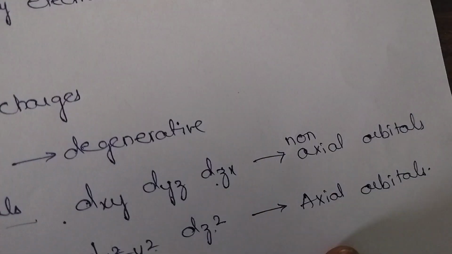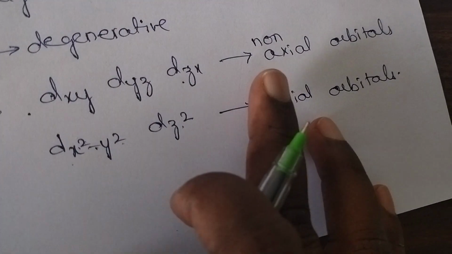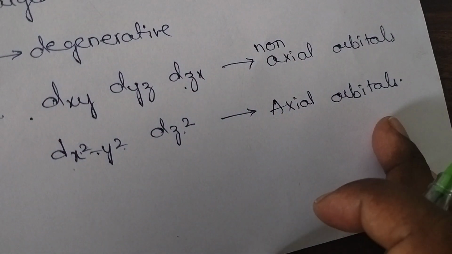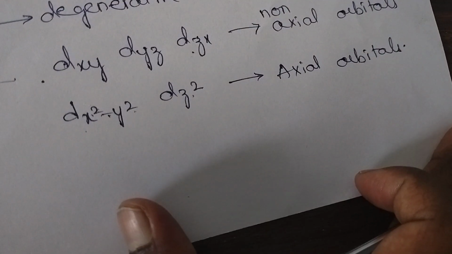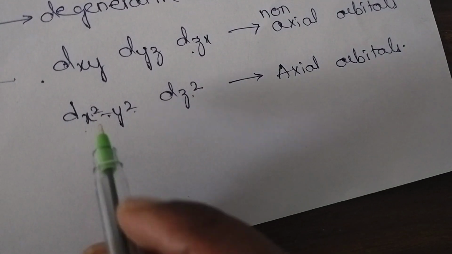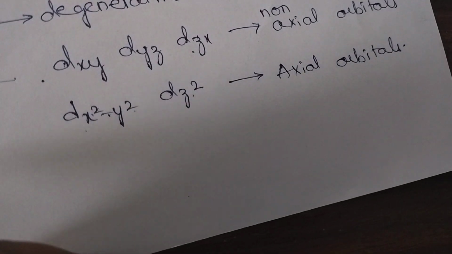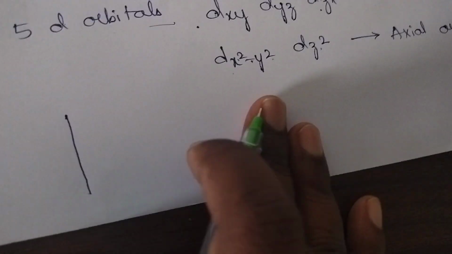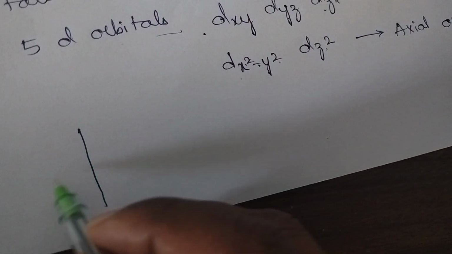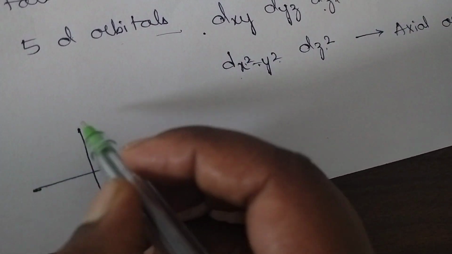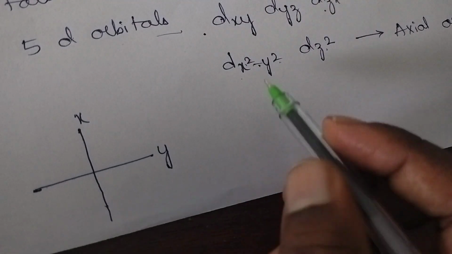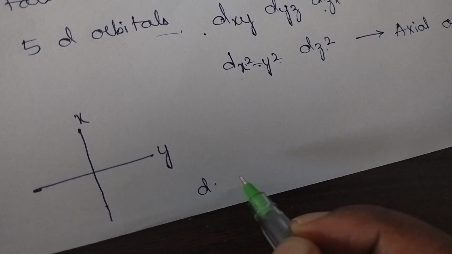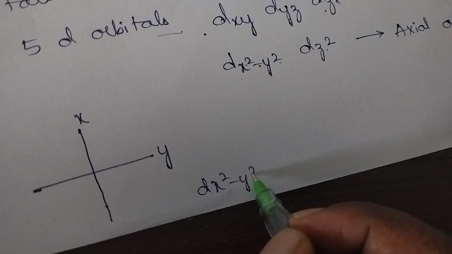What are axial orbitals and what are non-axial orbitals? If you see the structure of these orbitals, first we will take the axial orbital dx square minus y square. This is the x-axis and this is the y-axis.